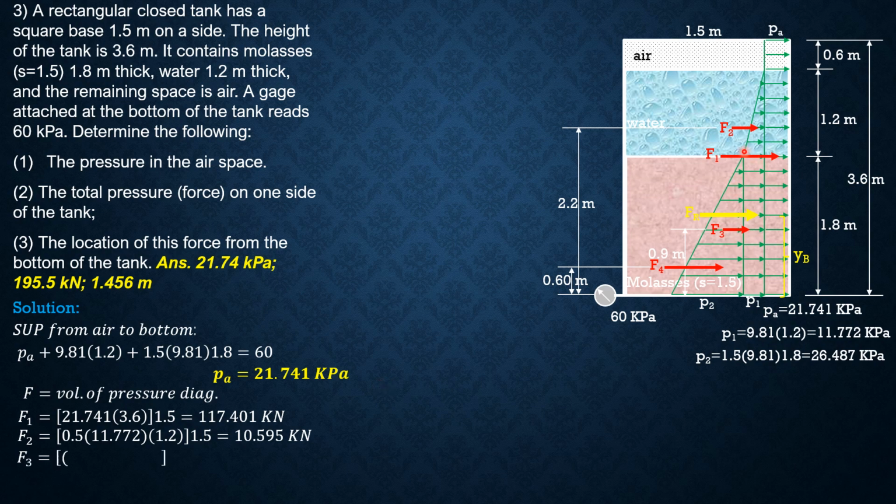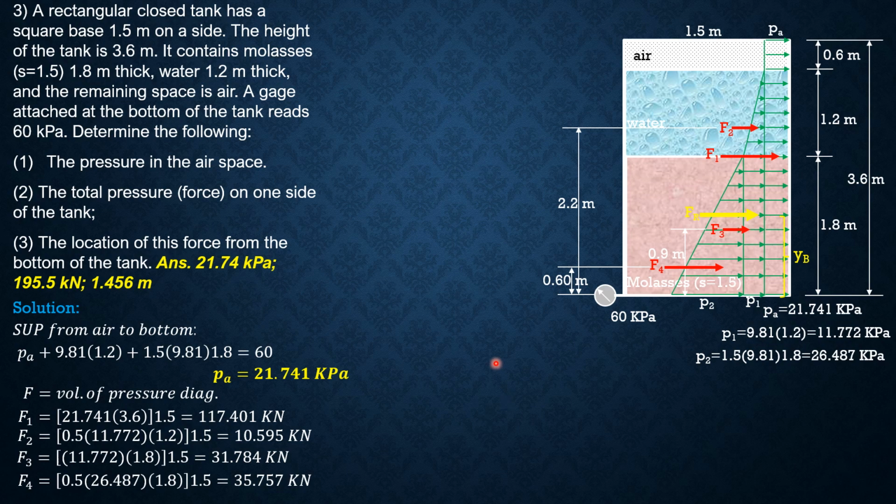F3 is equal to P1, 11.772 times 1.8, perpendicular to the board, 1.5. So that would be 31.784 kilonewtons. Then lastly, F4 is equal to area of this triangle, 0.5 or 1/2 of P2, 26.487 times 1.8 times 1.5.